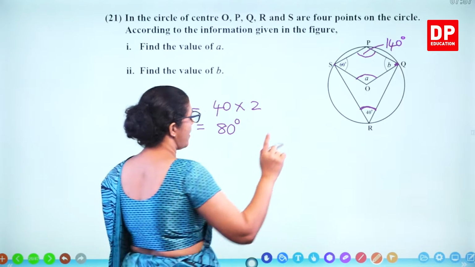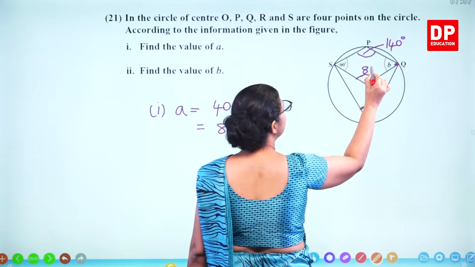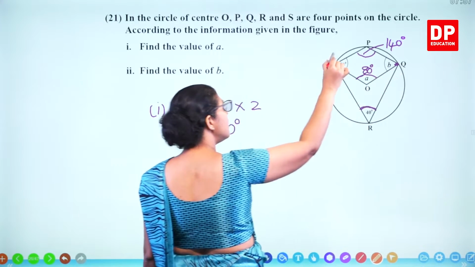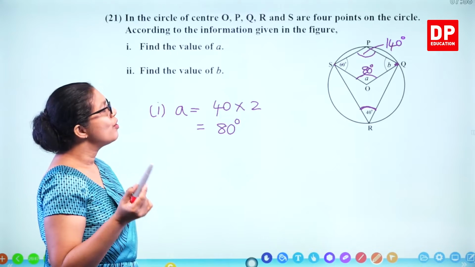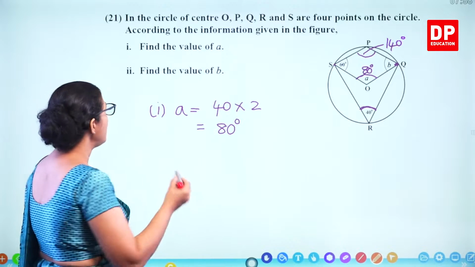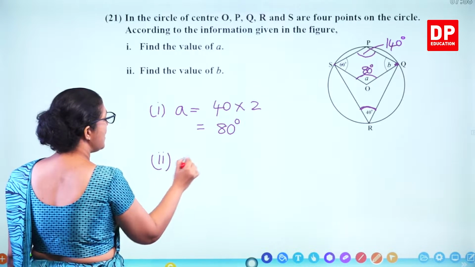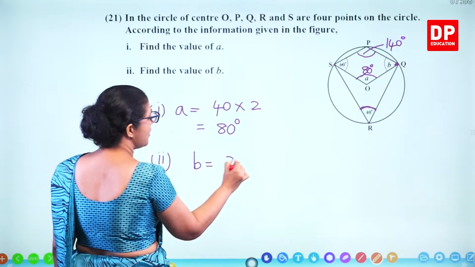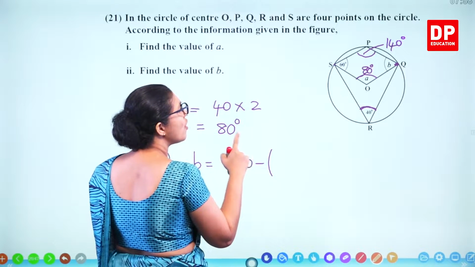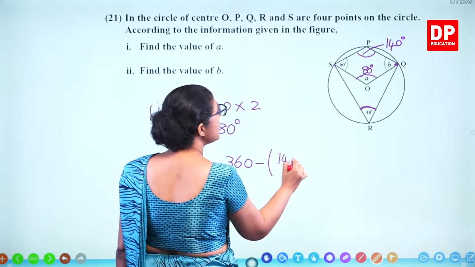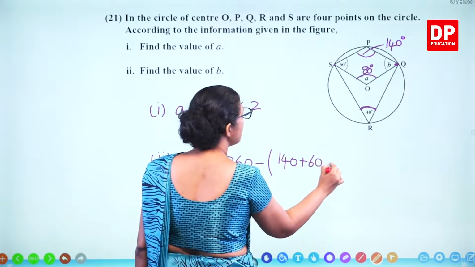We know this is 140, this is 80. This is a quadrilateral. The sum should be equal to 360. So we can find out B using 360 minus sum of all the other angles, 140, 60 and 80.